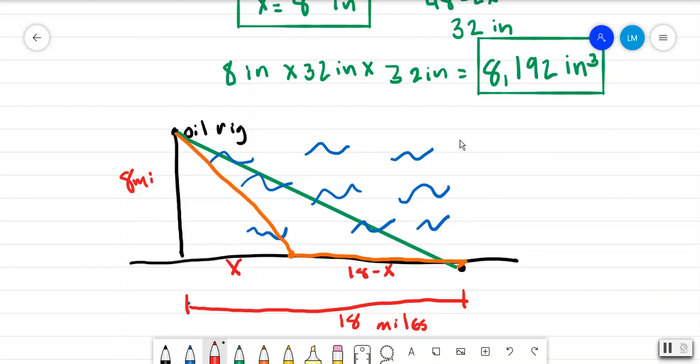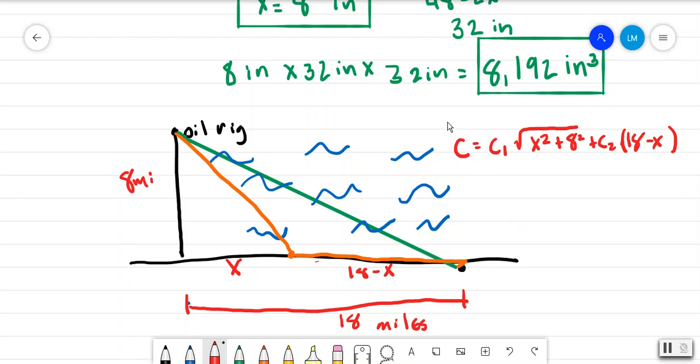So the cost is equal to the cost of underwater drills multiplied by the distance, which in this case would be the square root of x squared plus 8 squared, plus the cost for onshore pipeline times 18 minus x.